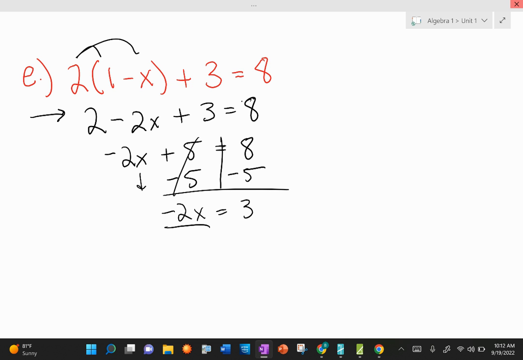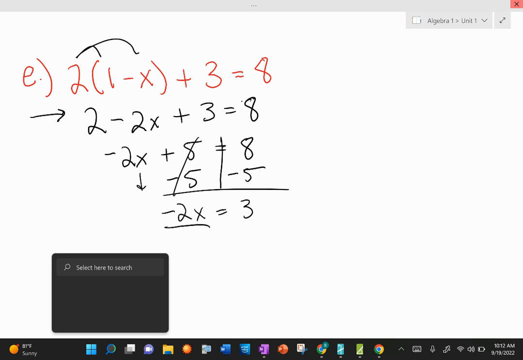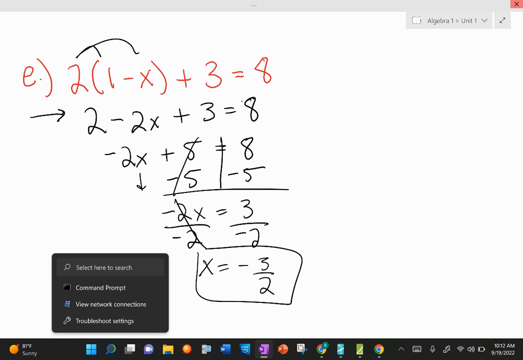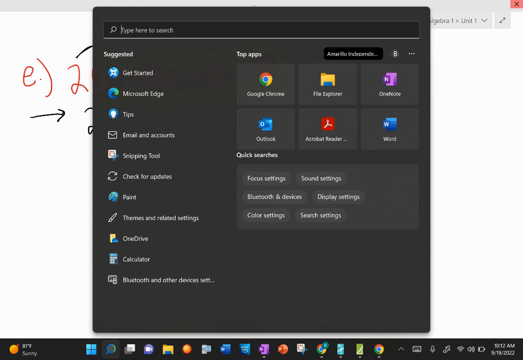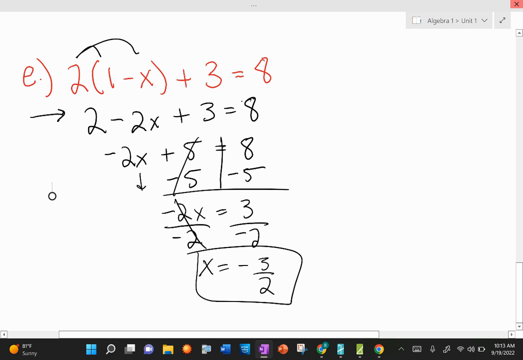Going to divide both sides by negative 2. That gives us x equals negative 3 over 2.